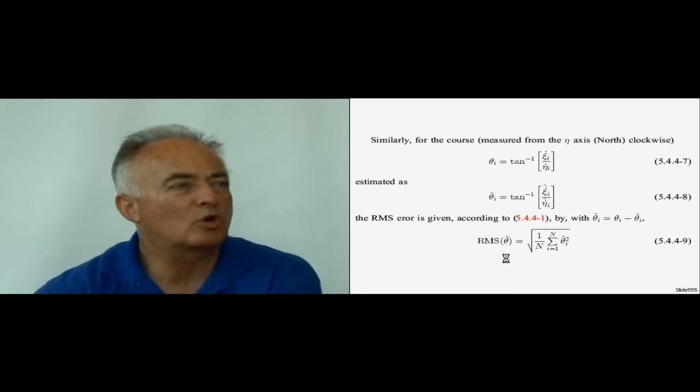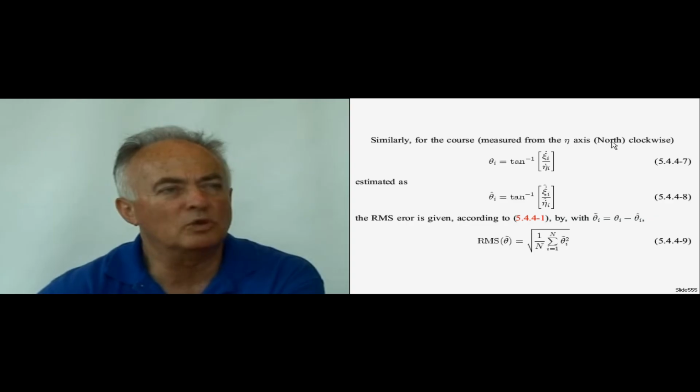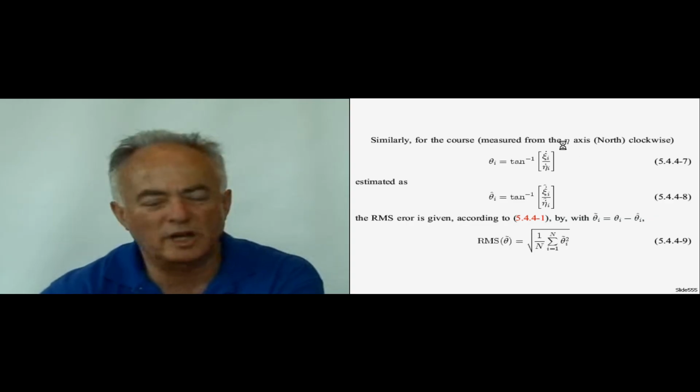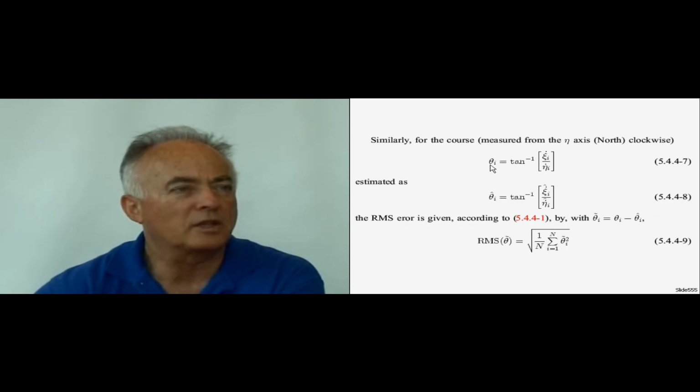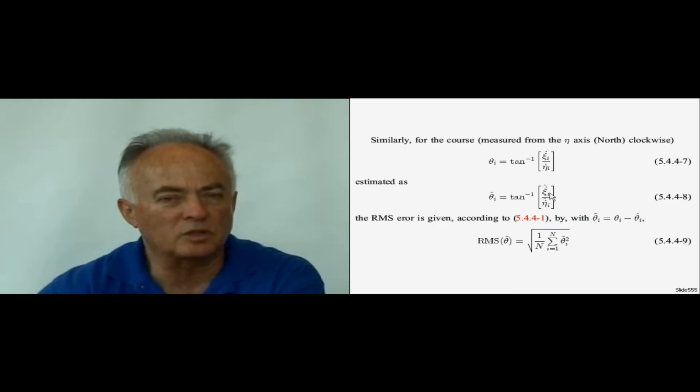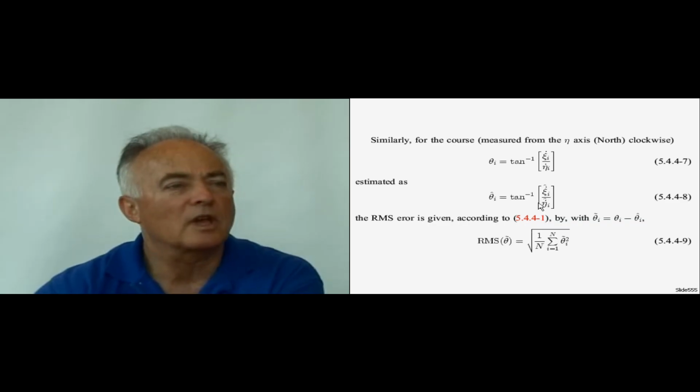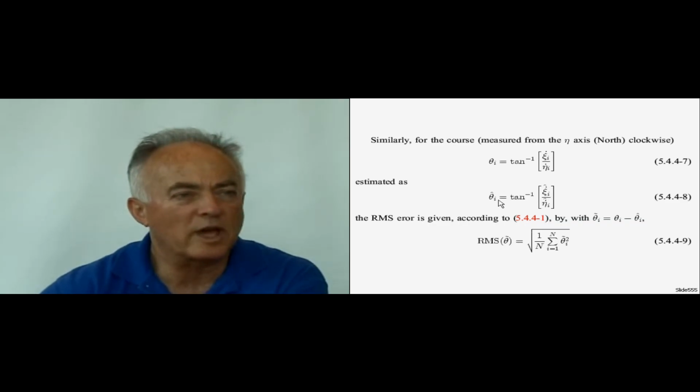If we talk about the course, here we have it measured in the navigation convention, clockwise from north, or from the η y-axis. θ_i is the arctangent of ψ_i dot over η_i dot. To estimate the course, we use the estimated velocity components, and we define these two angles.